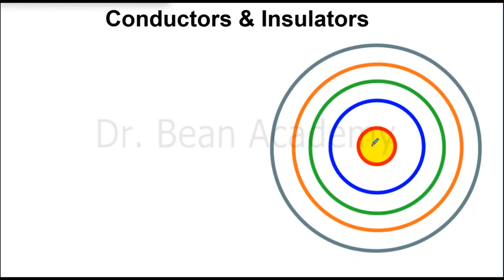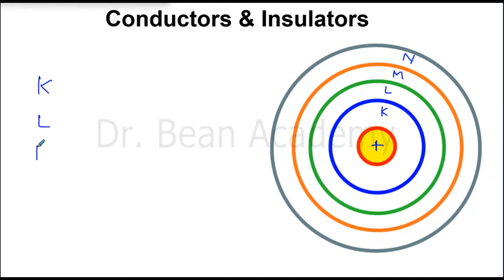The nucleus is positive because there are usually equal numbers of protons in the nucleus, and neutrons have no charge, so the nucleus is always positive. And then this is the first shell, we call it K, and then next is L, and here is M, and then the N shell.